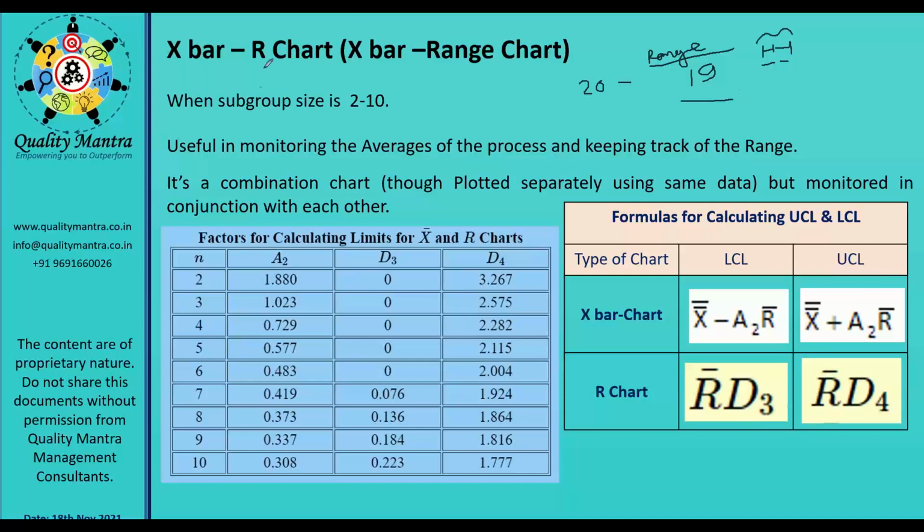Got it? But in case of the X bar R chart, as you are utilizing it for the subgroup, whatever your subgroup size is, say 6, you take the average of these 6 data, and you take the range of this data. And how are you going to calculate the range? Yesterday we saw how you calculate the range of the subgroup. How do you calculate the range of these 6 data if the subgroup size is 6?